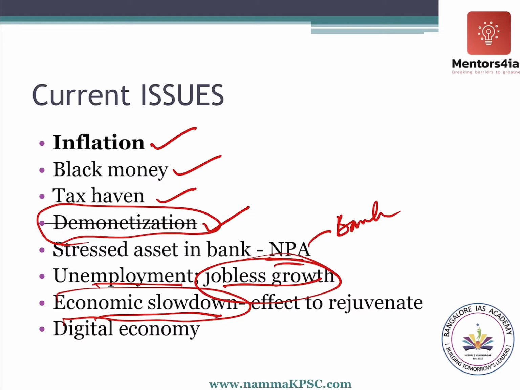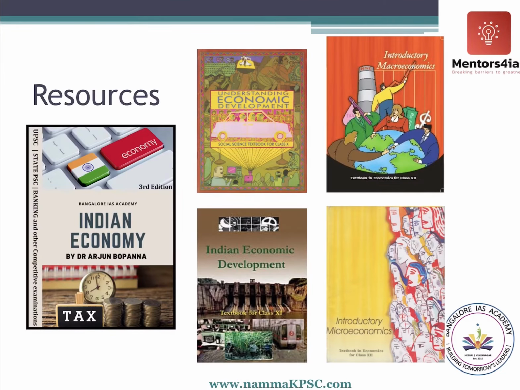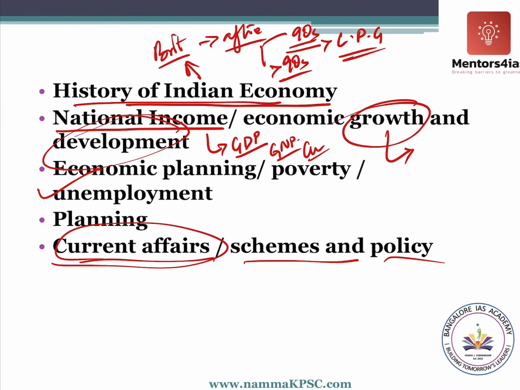We'll try to understand all those things. Then digital economy, things like digital wallet, cryptocurrency, etc. we will discuss in this particular chapter. So all these are some of the important topics that we will be covering in this video series.